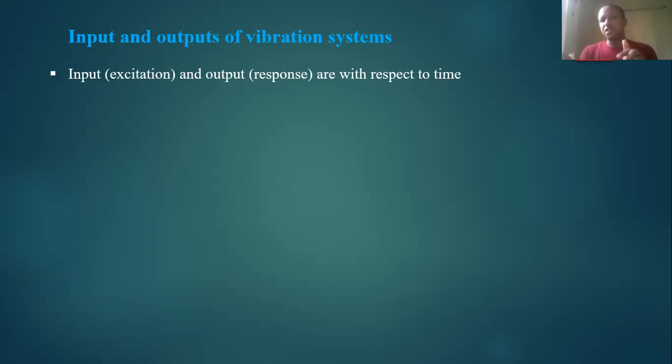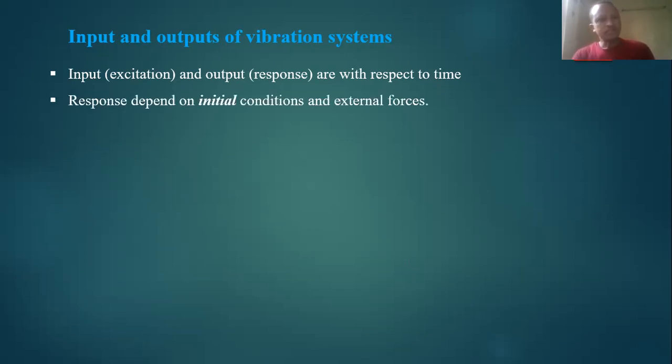What are the modes of vibration? For a multi-degree of freedom system, a number of modes of vibration are there, and which mode of vibration will easily affect the system, that is our intention: to identify the natural frequency of the system, and to identify the vibration and amplitude at different modes of vibration. So the response depends on the initial conditions and external force.